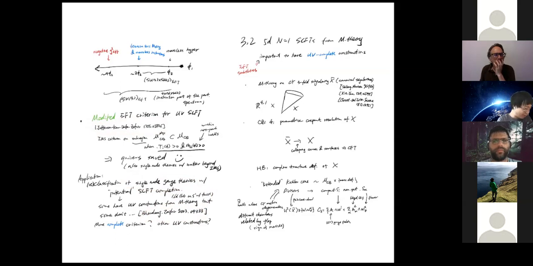So this means that we probably need a more complete criterion. That's one possibility: the conditions described here are not sufficient, and we need some more criterion. Another possibility is that there may be other kinds of UV constructions, not considered in this paper, that give rise to single node theories. Maybe later experts can comment on these possibilities.